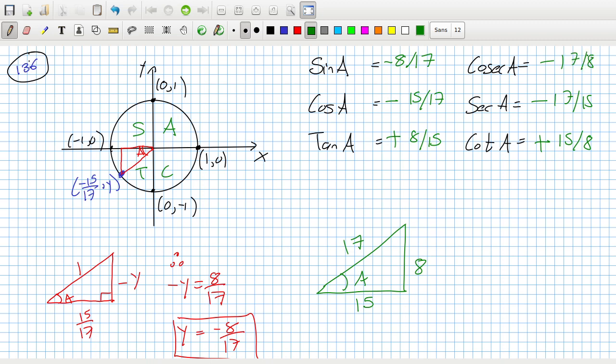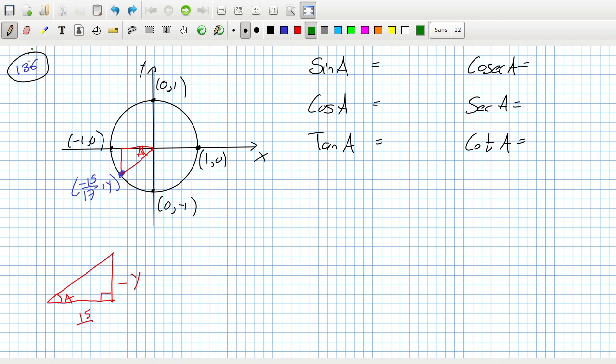Okay. 137 next. One, three, seven. X is negative, Y is positive, so it'll be like here.